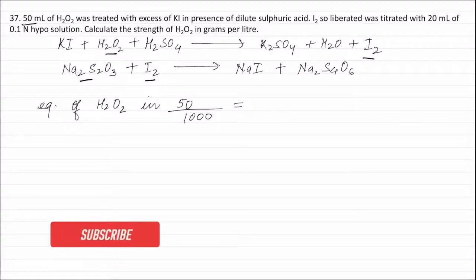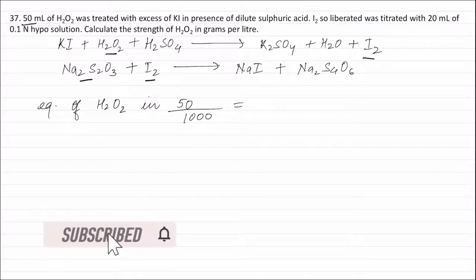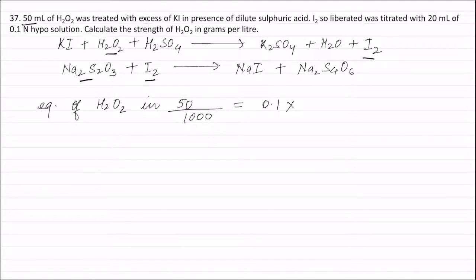Now equivalence of Na2S2O3 will be equal to normality of Na2S2O3, that is 0.1 N, into volume of the hypo solution in liters, that is 20 divided by 1000 liters.